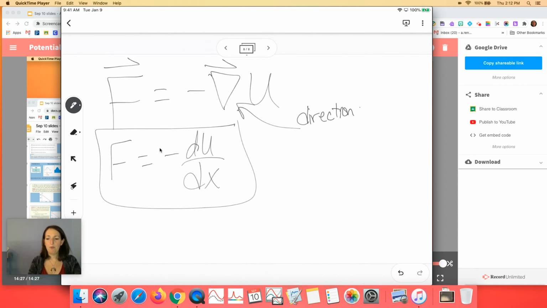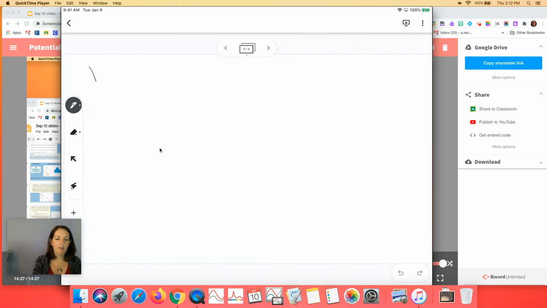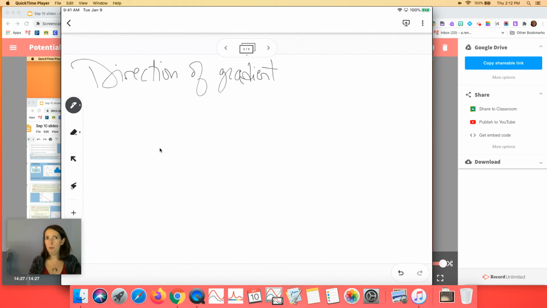Okay, so the direction of the gradient, and this is a word that maybe you actually know, in terms of steepness, is where you have the steepest ascent, okay? The gradient points in the direction of steepest ascent.